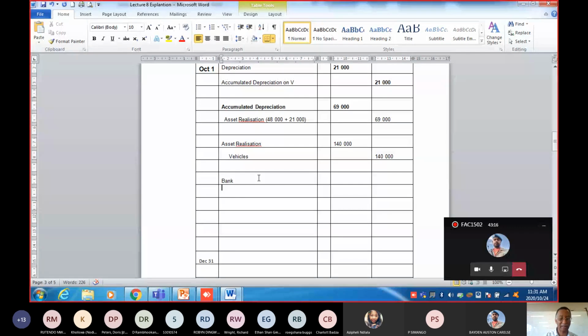Debit the bank, credit asset realization, and the amount of the sale was 80,000 Rand. So that will take care of our first 4 steps with asset realization.